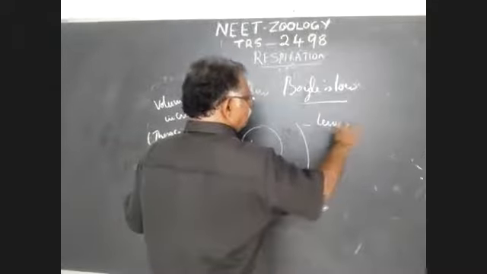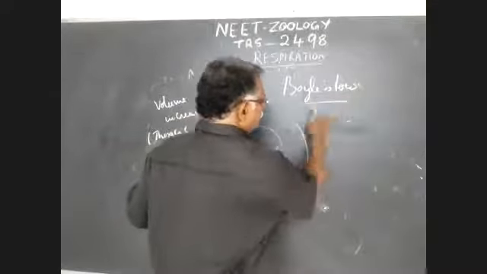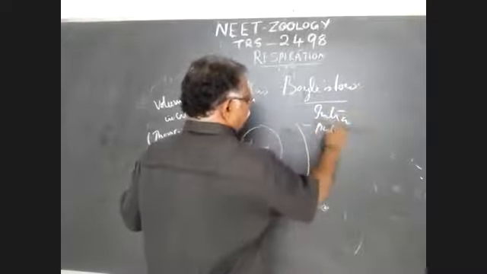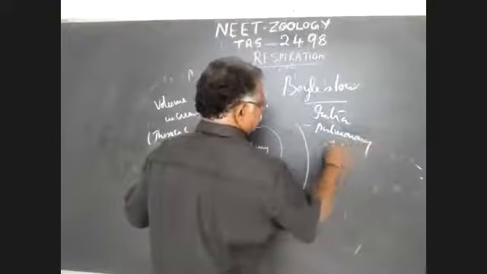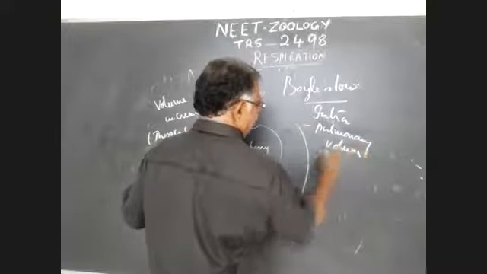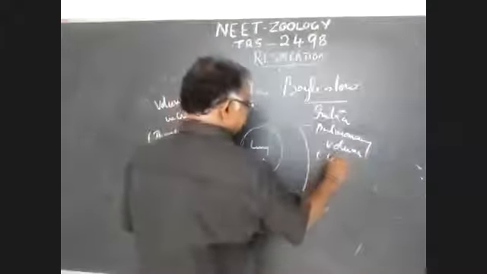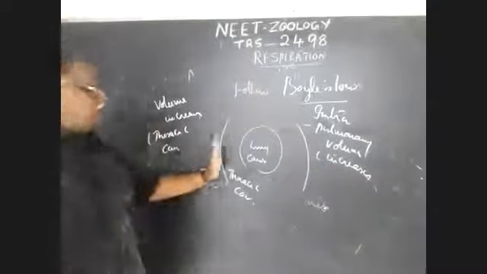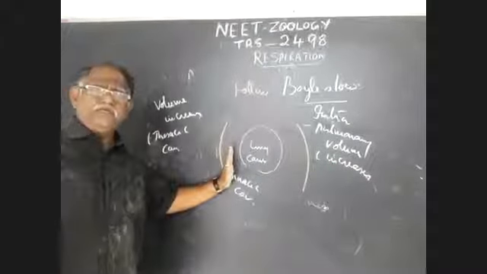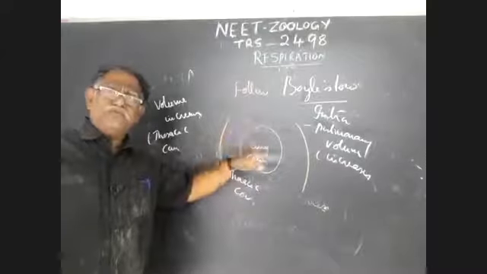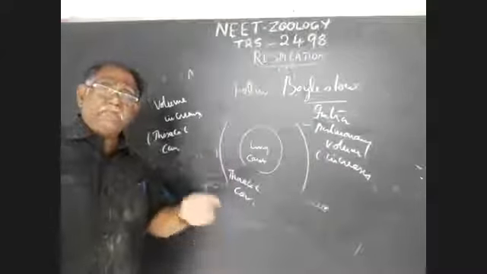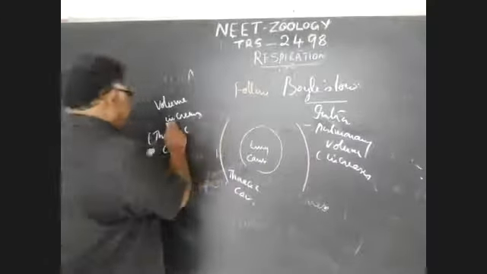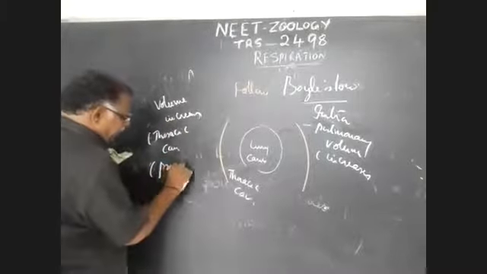The lung cavity volume, or intrapulmonary volume, IPV, also increases. So if thoracic cavity volume increases, intrapulmonary volume also increases. By that, the pressure decreases. Volume increases, pressure decreases.